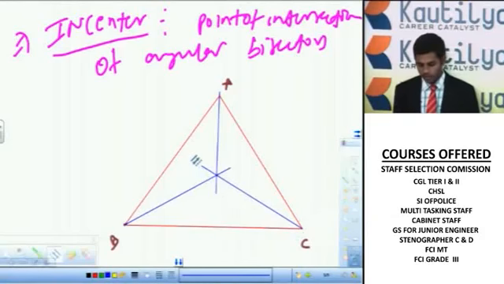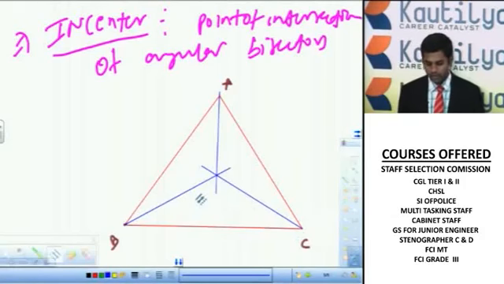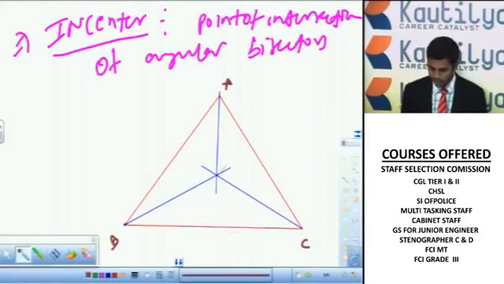These will be the three angular bisectors, and these three angular bisectors meet at a point called incenter, right? So incenter will be represented with the letter I.